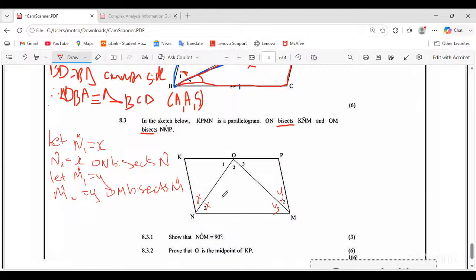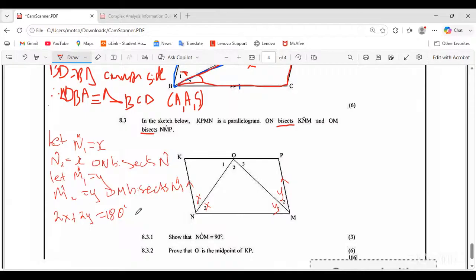Now, this is parallel to that. Why? Because opposite sides of a parallelogram are parallel to each other. Now, this angle and this angle are cointerior angles. We will take these two x here. I say to you, 2x plus 2x is equal to 180 degrees.